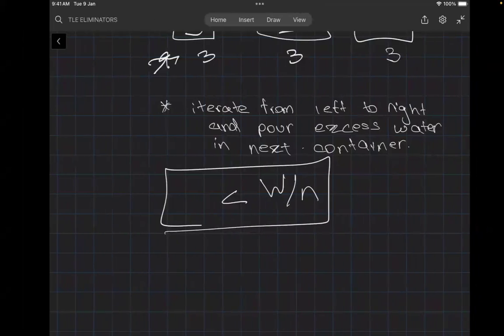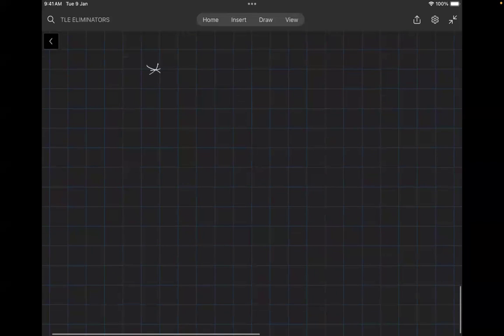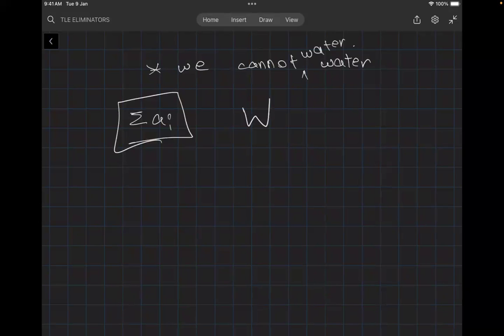Okay, so I'll tell you. First, we cannot waste water. Very important. We cannot waste water. So what you are saying is that the summation of A i is going to be constant, or basically capital W. If in the start there is capital W water, then in the end also there is capital W water.